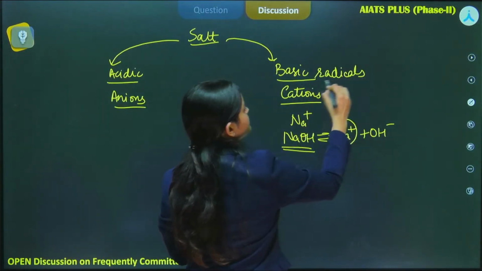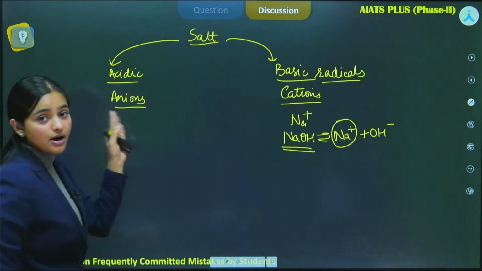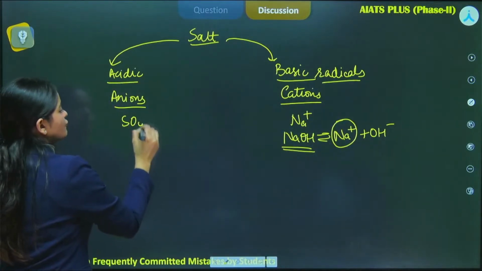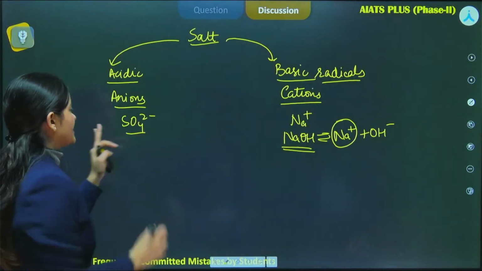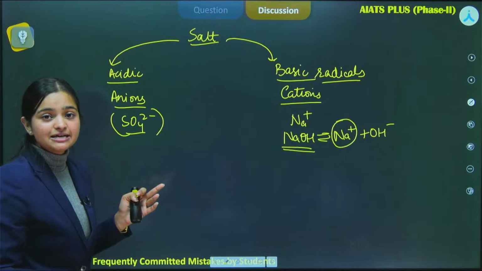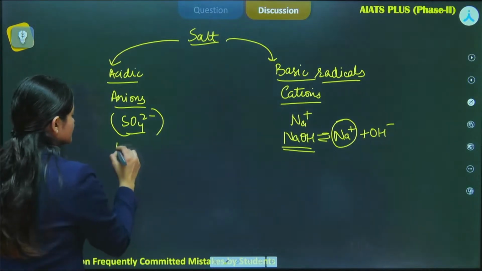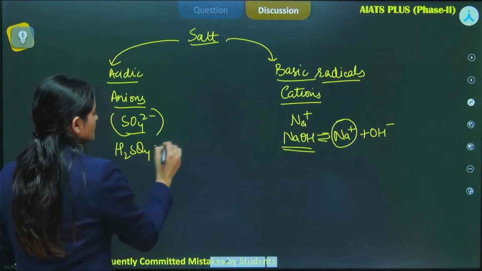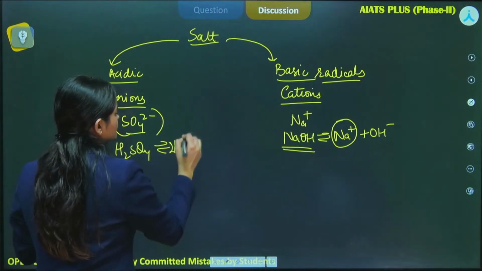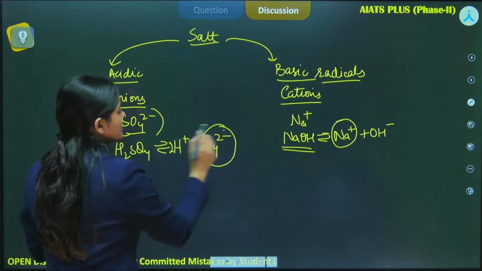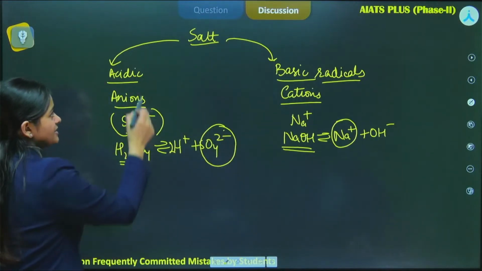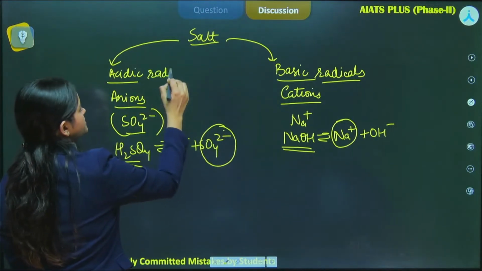Cations are basic radicals. Whereas if we talk about anions, suppose we have SO4 2- ions. Now this anion must have come from an acid, H2SO4, sulfuric acid, right? 2H+ plus SO4 2-. So this unit has come from an acid, therefore these are acidic radicals.